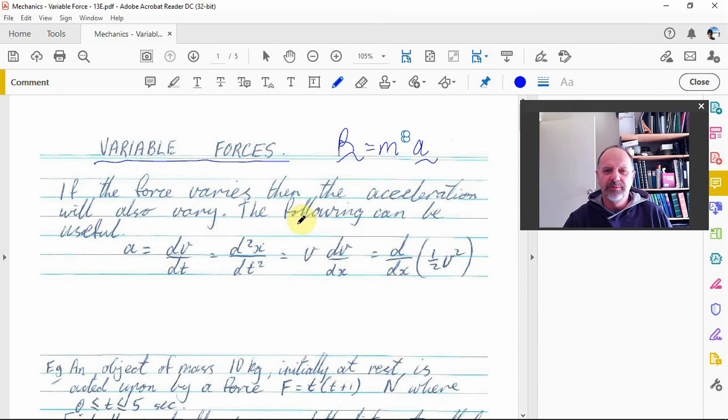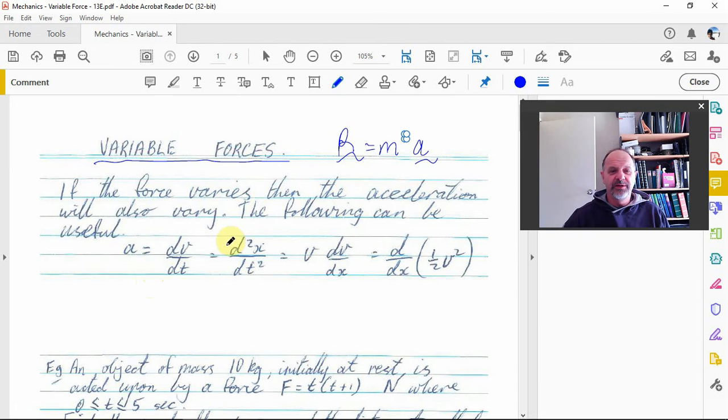And so then we've got these particular expressions for acceleration in terms of some calculus, derivatives, I guess you probably should call those, shouldn't I? But in terms of calculus, these are all different expressions depending on information that we've got that we can use for the acceleration. Alright, so let's have a look at some examples.